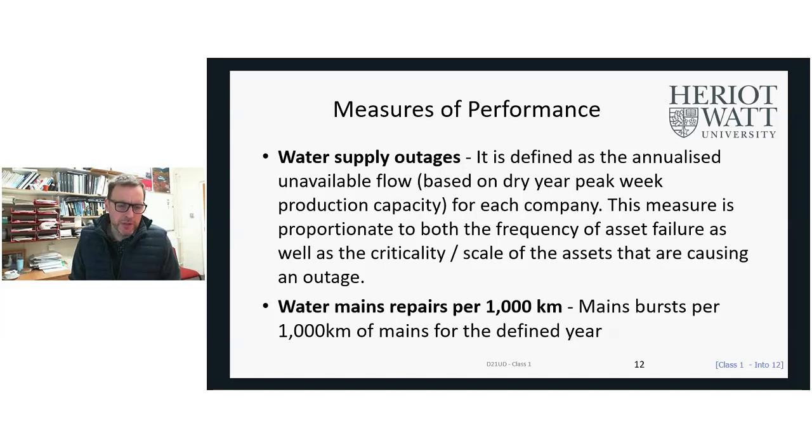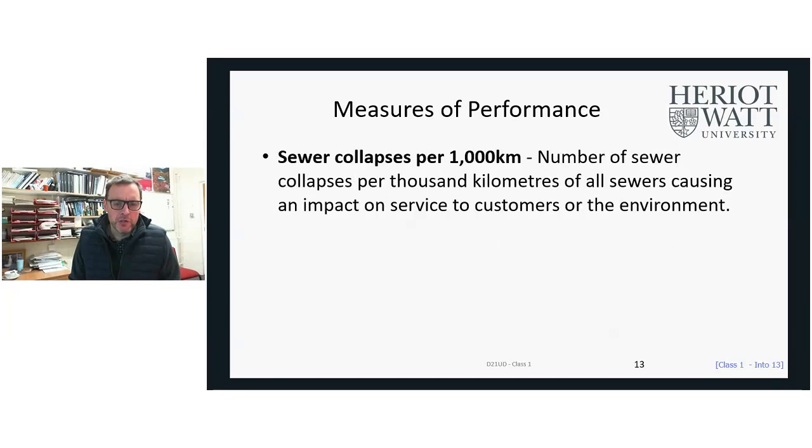That's bursts per 100 kilometres of pipeline, and sewer collapses per 1,000 kilometres of pipeline. So you can see that for sewerage systems, the main criteria are collapses to the pipe network, and also the flooding incidents that we're concerned about.